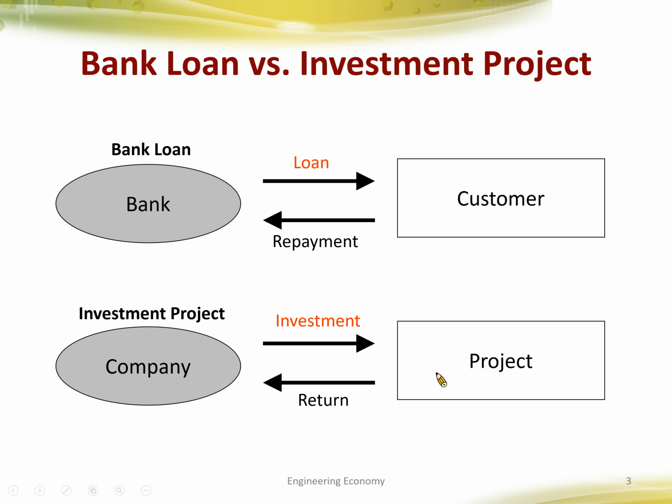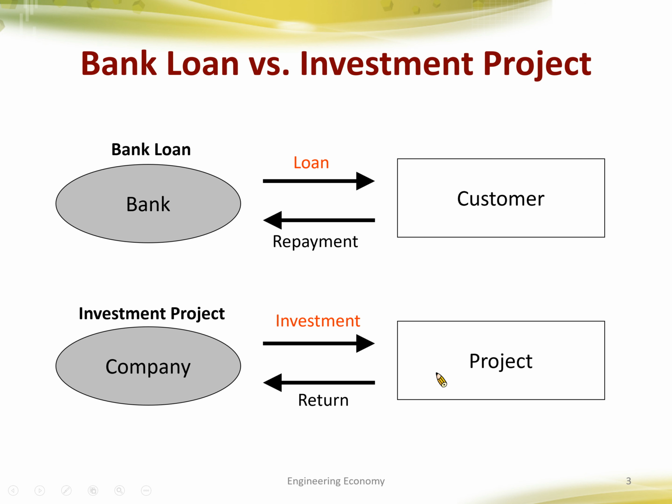If you are a company, you are paying the money out as investment. So you want to make sure that the return will be sufficient to cover not just your investment, but also the expected profit that you defined.